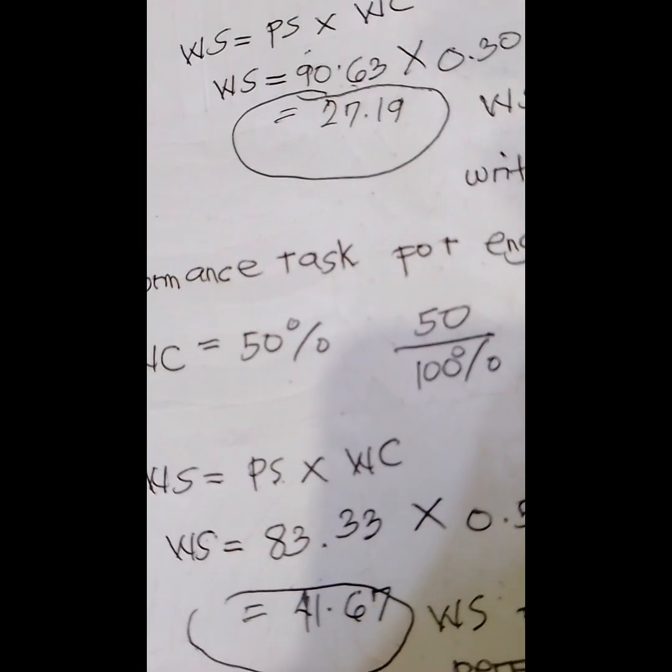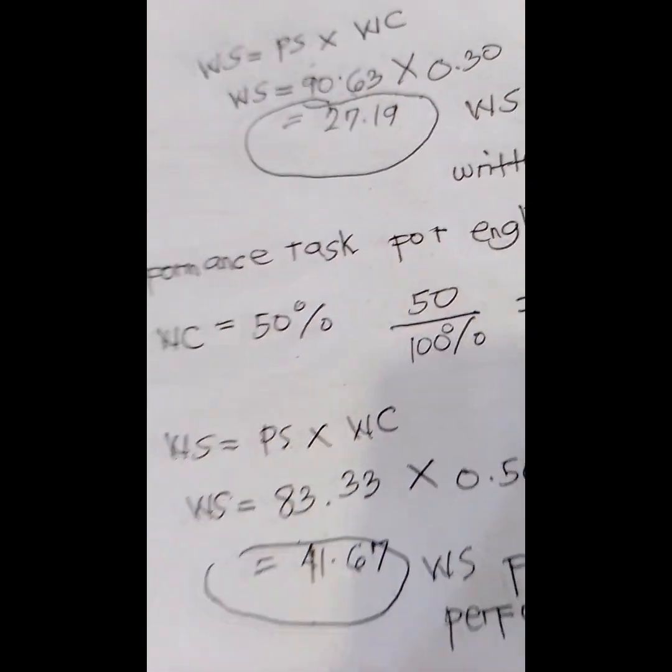So based on the 3 components, written work, performance tasks, and quarterly assessment, what we get is their weighted score in the 3 components. The total weighted score in written work earlier is 27.19. So we will write it here.